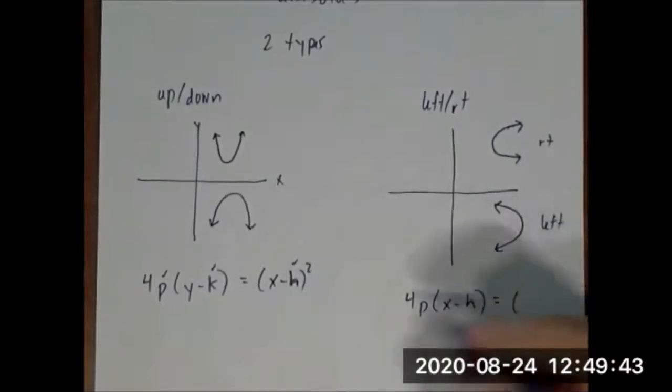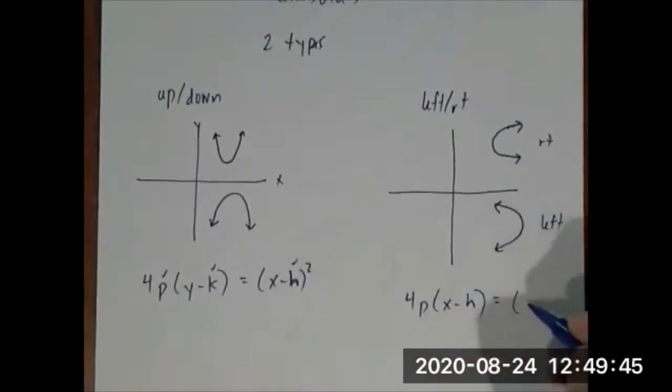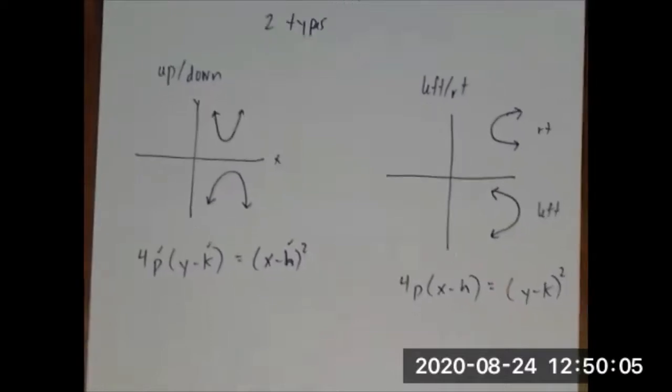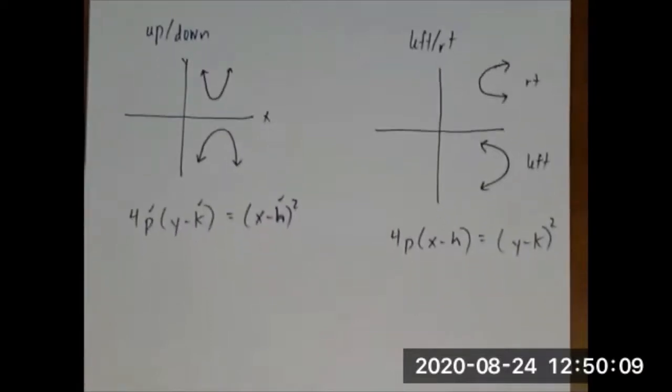And then on the right-hand side, instead of x minus h, it's y minus k squared. So these two equations look very similar. It's just the two parentheses are sort of swapped. Now the easiest thing to do is some examples, and then it'll make a lot more sense.